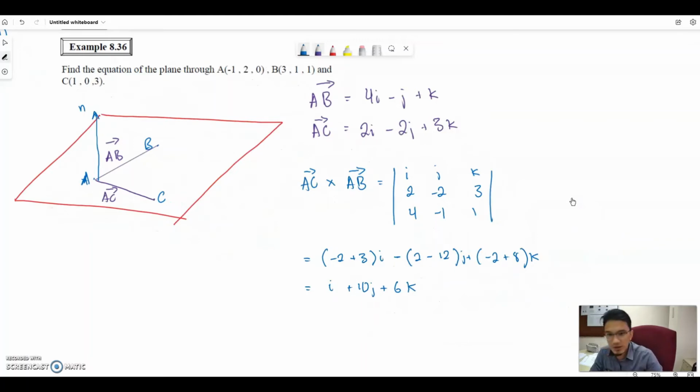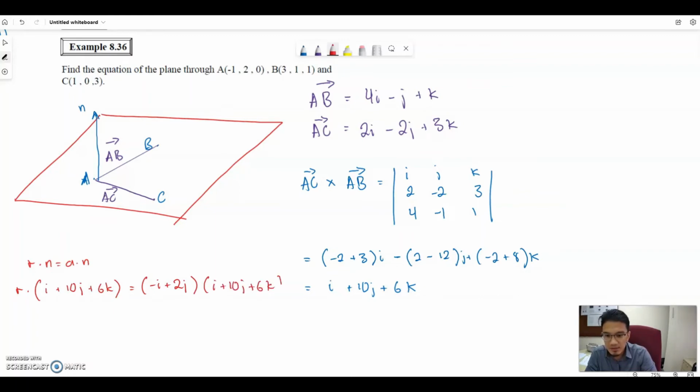And then the equation of the plane will be r dot n equal to a dot n. So r dot n, which is i plus 10j plus 6k, equal to a dot n. Okay, a is the position vector of point A, which is -i plus 2j, k is 0, and then n is i plus 10j plus 6k.